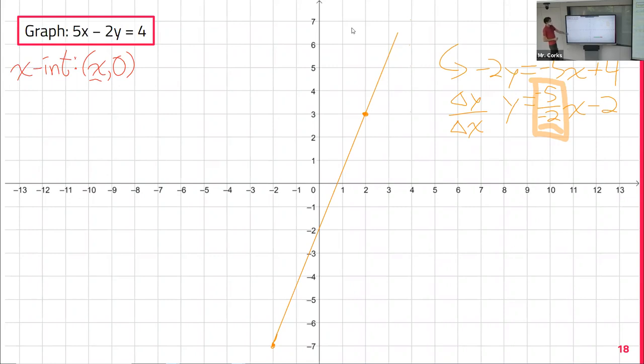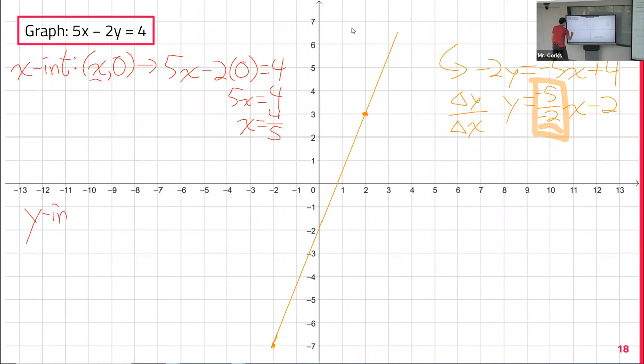These are coordinates here. So we can use this and say for our equation, well, 5x, don't know what x is, but minus 2 times 0 equals 4. So 5x equals 4. X equals 4 over 5. That's the x-intercept. And we can do the same thing for the y-intercept.